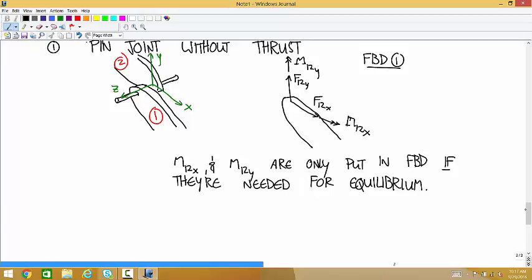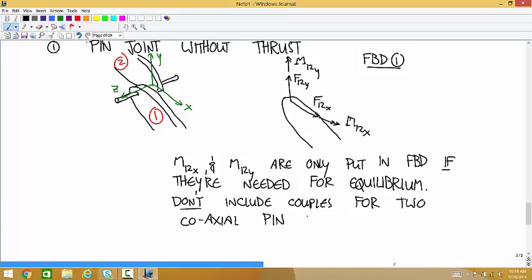So the rule of thumb is, the only time this is going to come up in this class, don't include the couples for two coaxial pin joints.